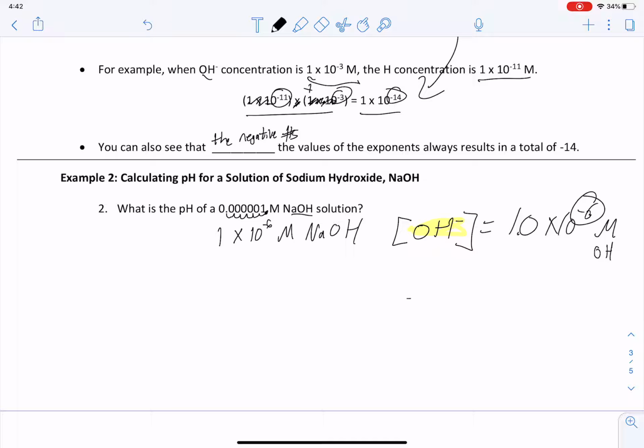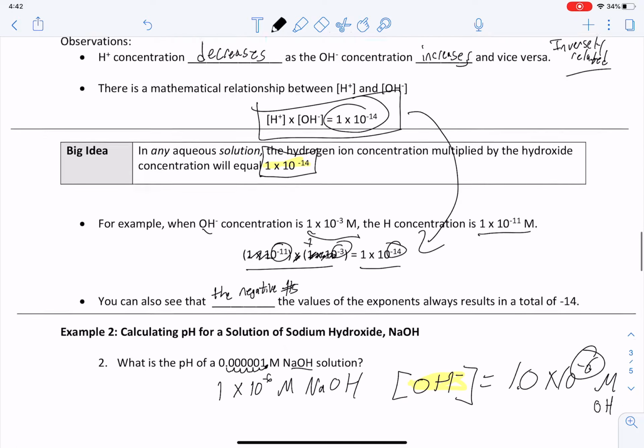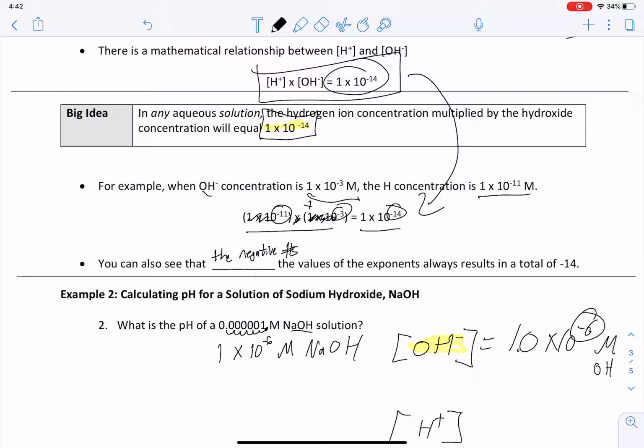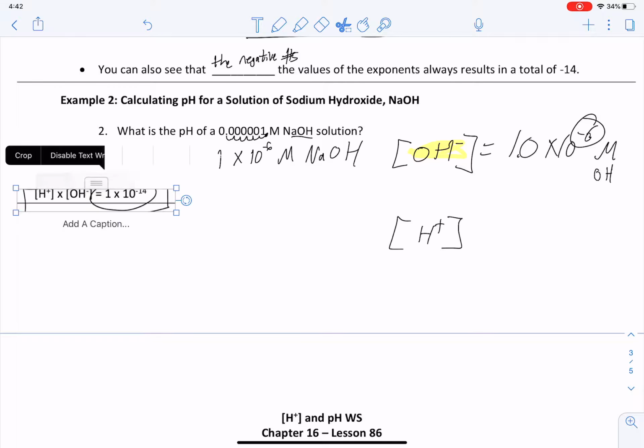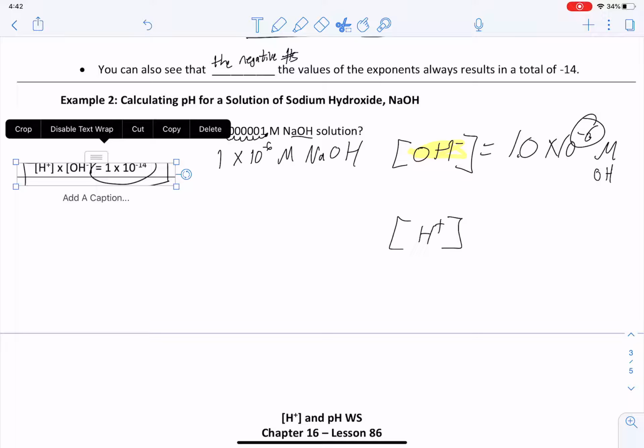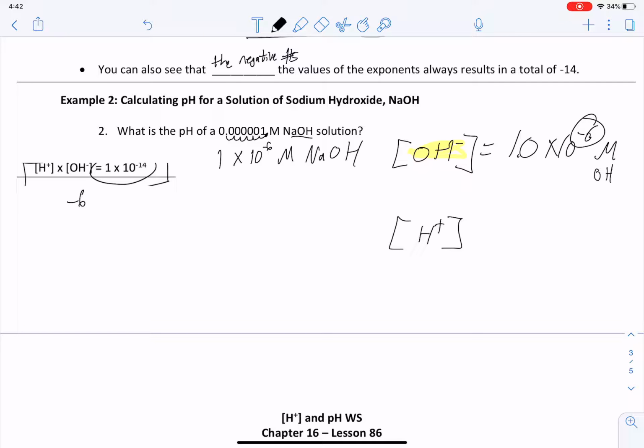So first we have to get to the concentration of hydrogen ions. How do we do that? Well, we look at our equation that we just got here. If I take this and drag it down here, we can see, again, hydroxide concentration is, in this case, negative 6. And we need to get to negative 14.